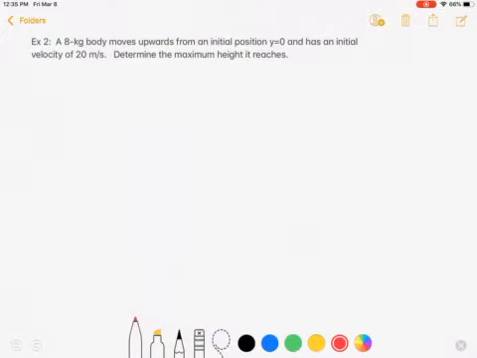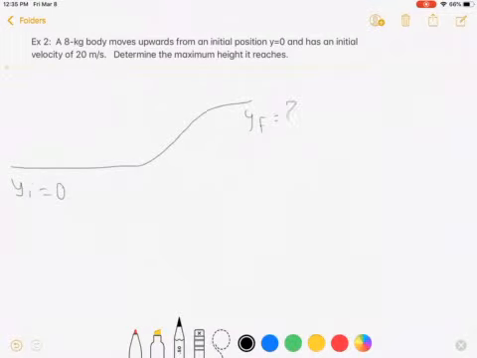So what this will look like is, let's say that we have a flat surface that moves up to an incline. At the bottom of that surface, height is equal to 0. We want to figure out the final height that our object will reach.